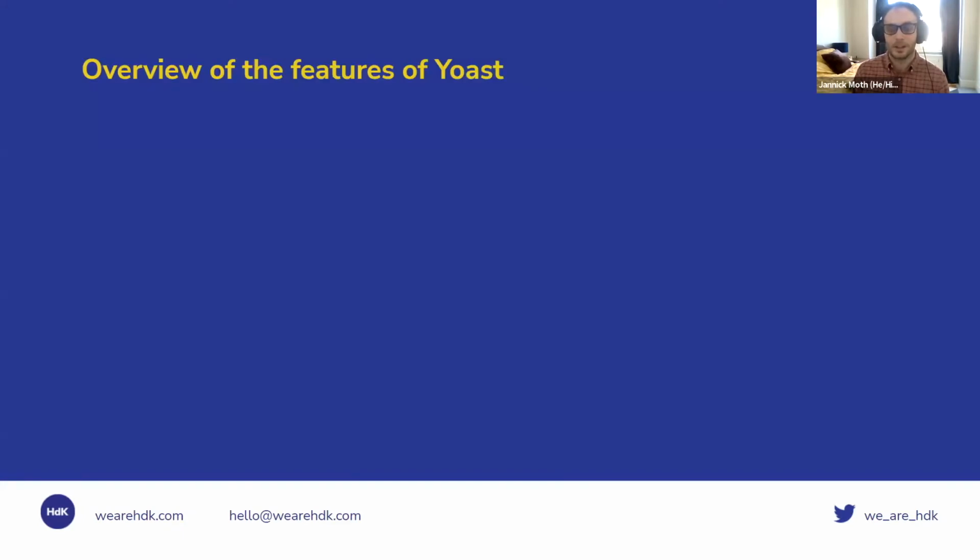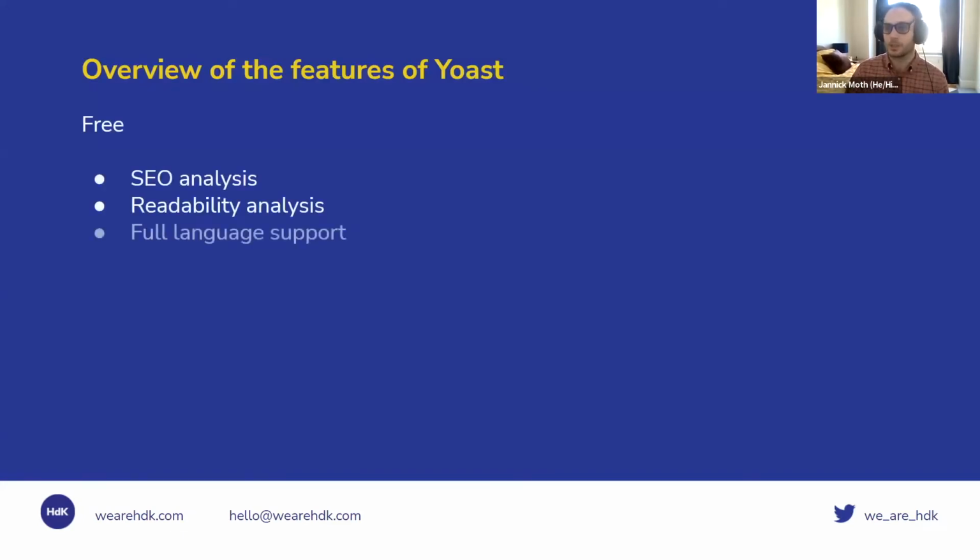So, an overview of the free features: we've got the SEO analysis box, which was the box I showed you with the traffic light system. There's readability analysis as well, which is basically checking that you're not just dumping words that tick all the right boxes, but making sure it actually reads as a paragraph. It's also got full language support, so English, German, French, Dutch, Spanish, Italian, and many more.